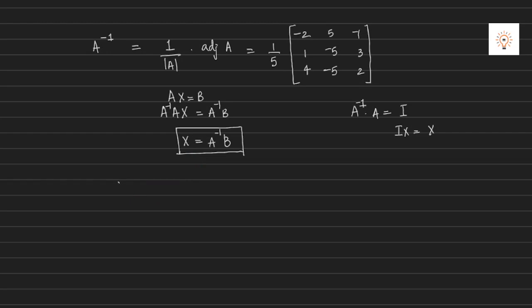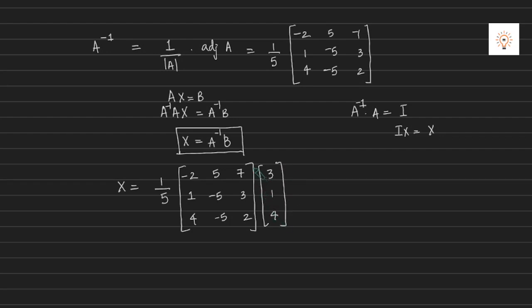So that means X is equal to A inverse B, which is 1 by 5 times the matrix -2, 5, -1, 1, -5, 3, 4, -5, 2, and the matrix B was 3, 1, 4. Now this is basic multiplication of two matrices.